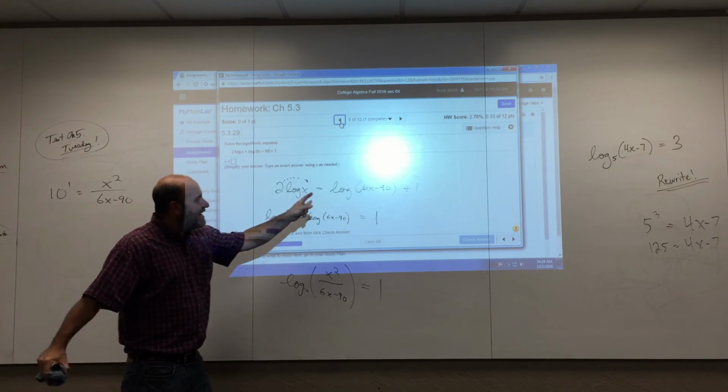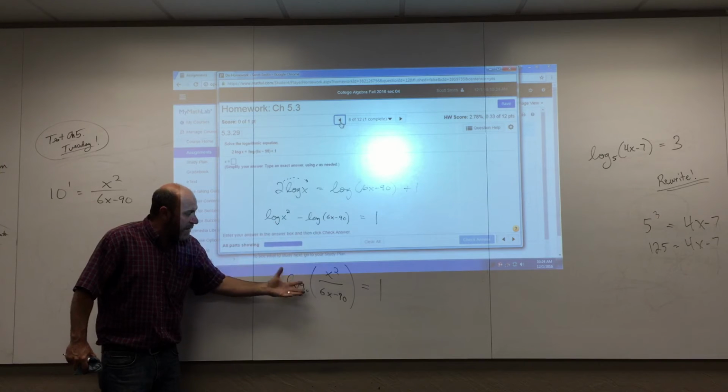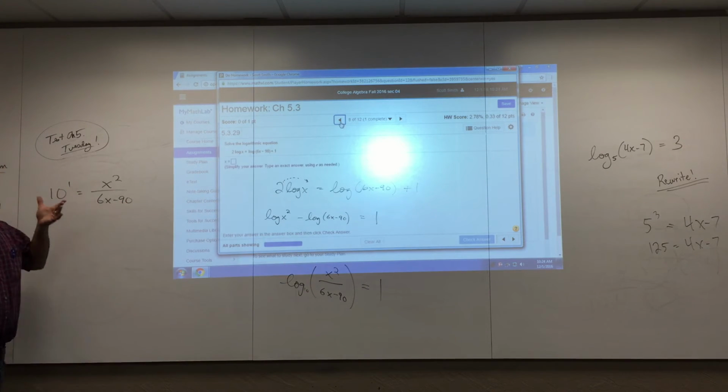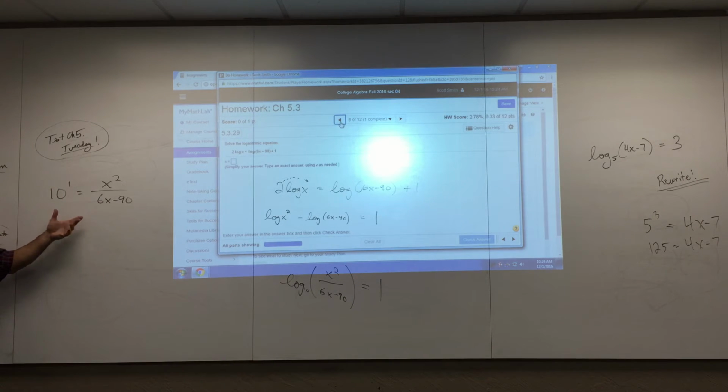But we took a complicated log equation, gathered the logs together using log properties, rewrote it, and now we got an algebra problem, which you may or may not know how to finish. But we went from chapter 5 to chapter 3 here. Because it's a quadratic equation here, any suggestions?